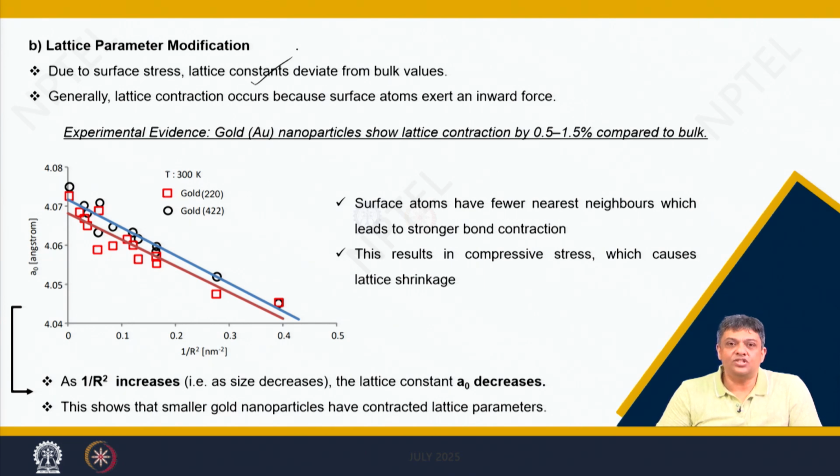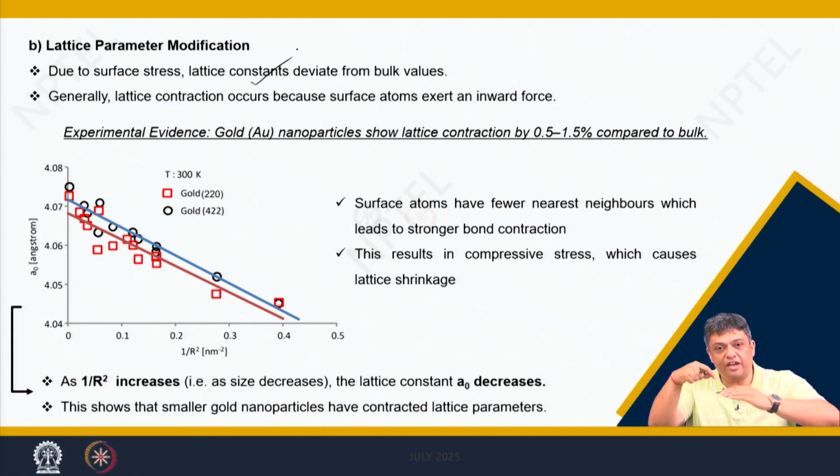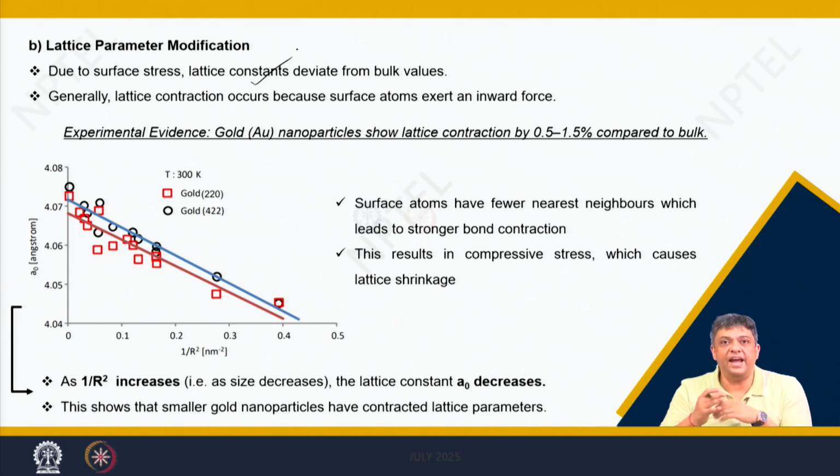Generally, lattice contraction occurs because the surface atoms exert an inward force. Why? Because if you exert a pressure or force outwards, the atoms will start leaving the surface. That means you are going out of the crystal. That is not allowed. It is a material which is stable, and therefore, they have to feel an image force inside which is directing inwards, and therefore, you have a contraction effect taking place.